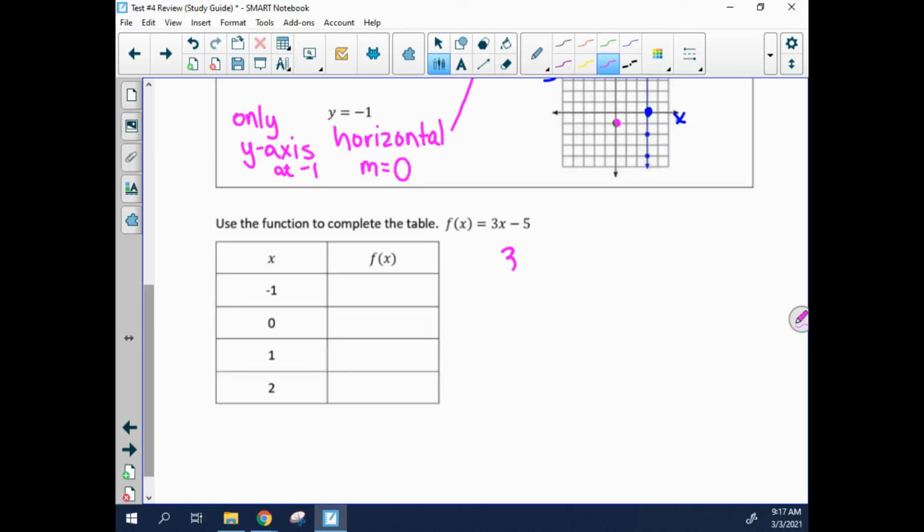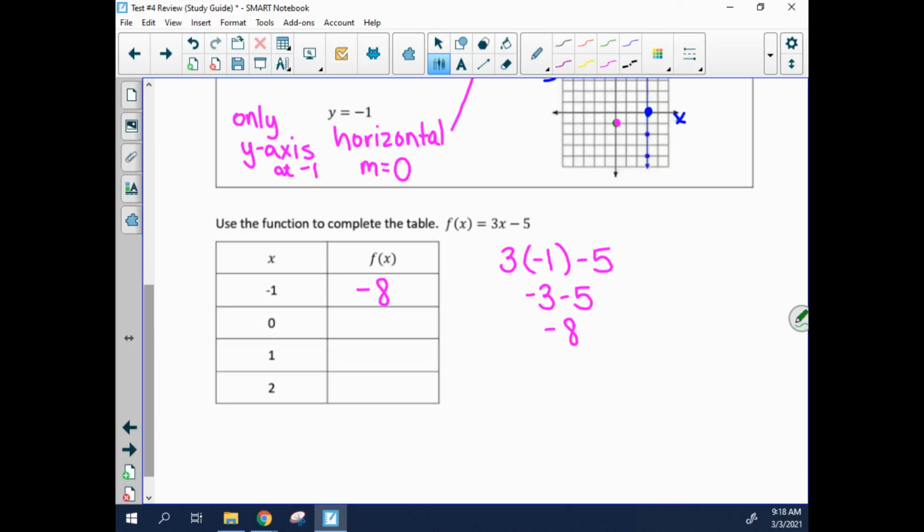So I'm going to rewrite, instead of 3x minus 5, I'm going to have 3 parentheses minus 5. I'm going to take the value in the x column. In the first one, it's going to be negative 1. And I'm going to do the work for it. 3 times negative 1 is negative 3. Minus 5 is going to be negative 8. So we'll plug in negative 8 under the f of x.